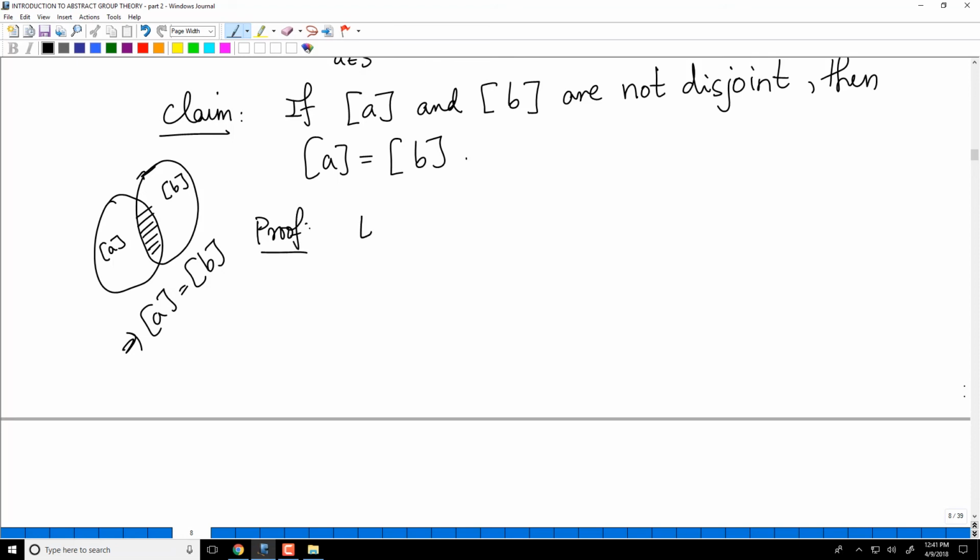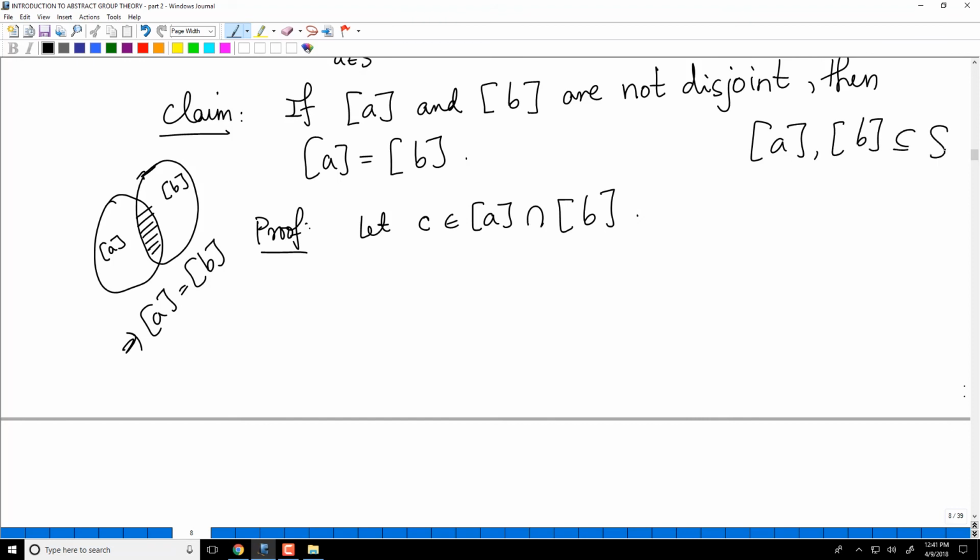Remember, these are not disjoint, meaning there is some common element. So let's say C is in the intersection. See, all of this is happening within S. So these are subsets of S, and they have something in common. So C is in both of the equivalence classes. That means A is related to C and B is related to C, right?